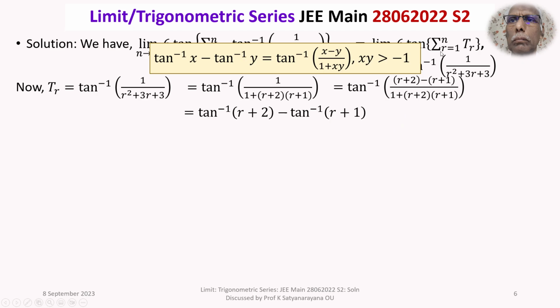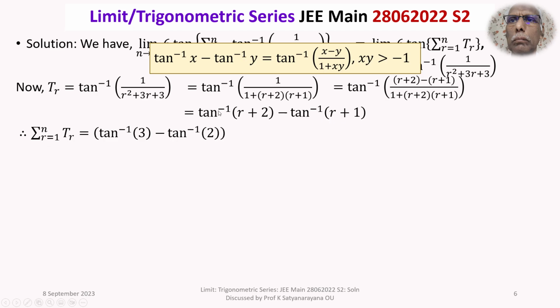Now we take sigma r equals 1 to n of tr. When r is 1, it is tan inverse 3 minus tan inverse 2.